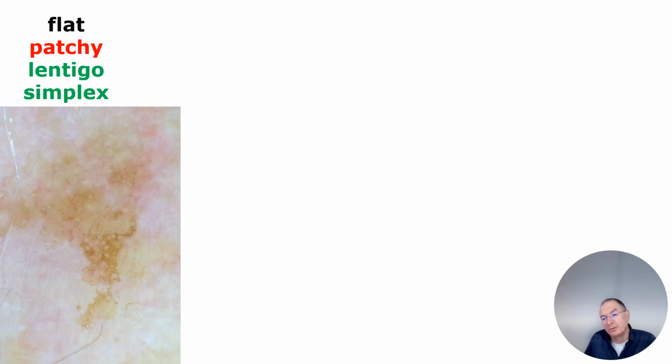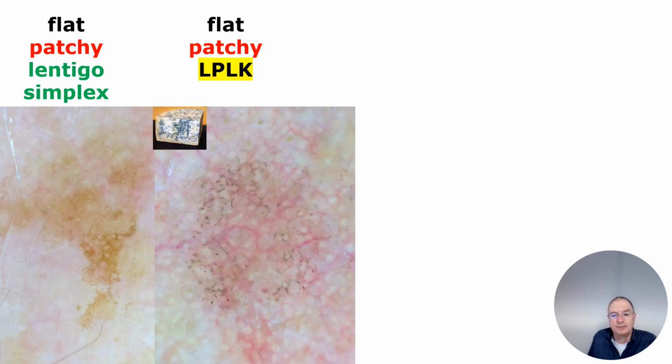When we see these lesions, for example, on the head without hair here on the man, it is for me typical for lentigo simplex, lentigo solaris. Also very typical for the lichen planus like keratosis. No hint for brownish donuts.